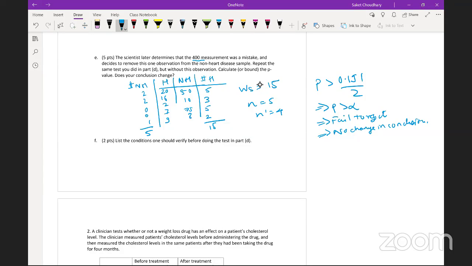Part F, we are asked what condition should you verify before doing the test in part D? So one thing is they should definitely check for both of these groups being simple random samples. And the other thing is independence. Okay. And why independence of these two columns?